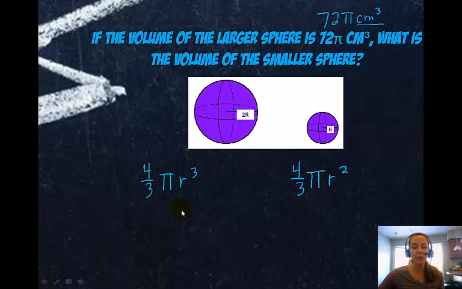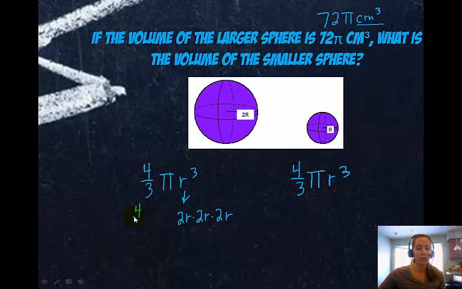All right, so let's see what happens if we have 4/3 pi r cubed, and we're comparing that, oops, I need to put cubed over here, excuse me. If we're comparing that to this one, there's only one radius. Let's see what happens when the thing that changes is getting cubed. So instead of plain r, we're doing 2r times 2r times 2r.